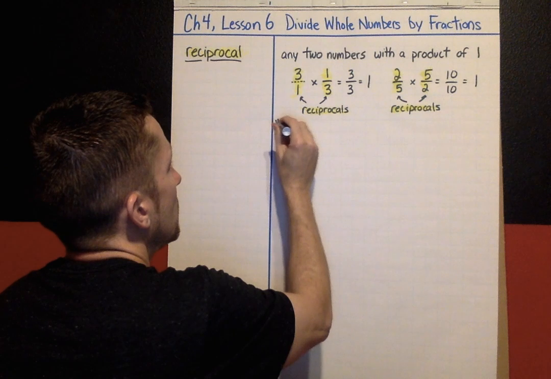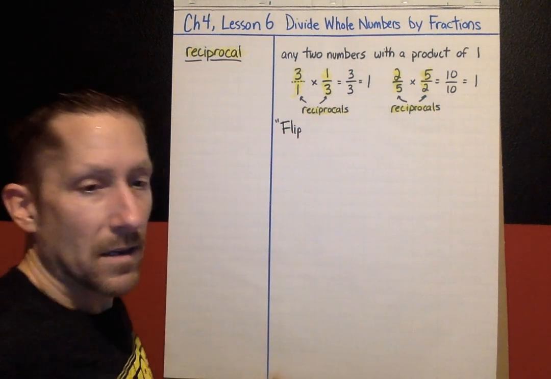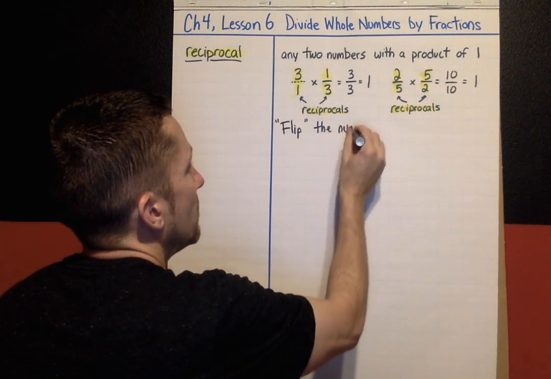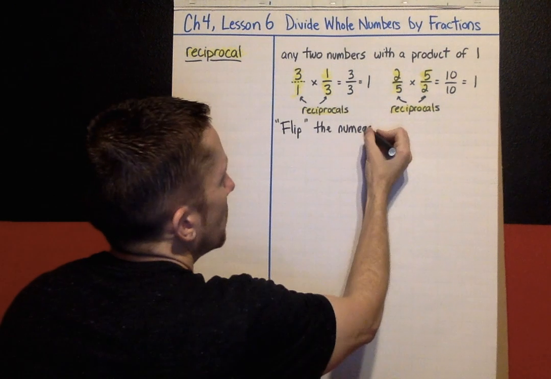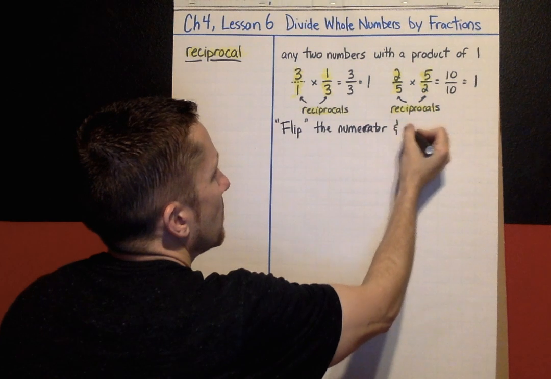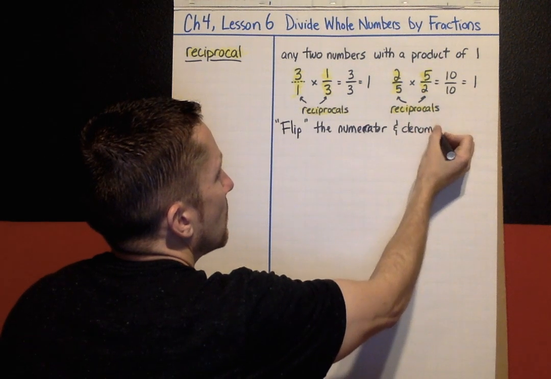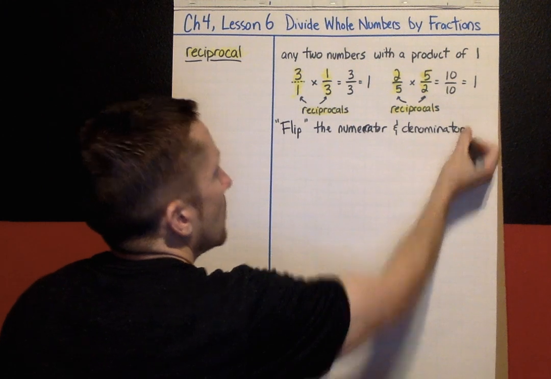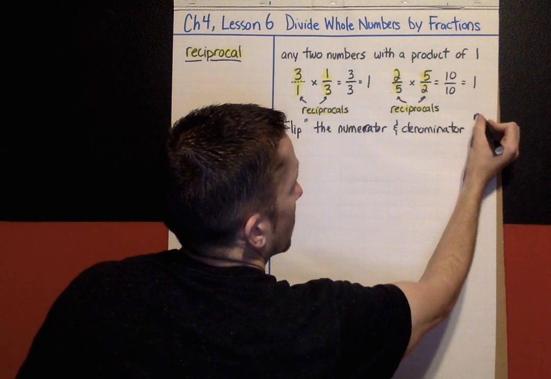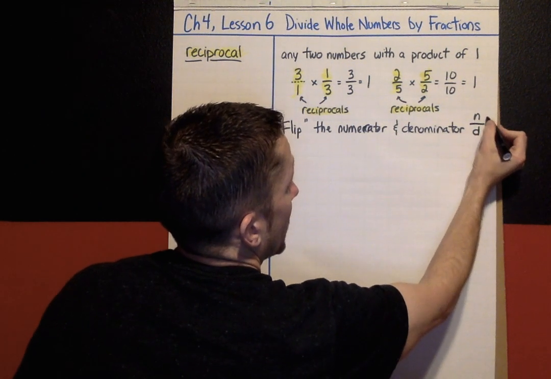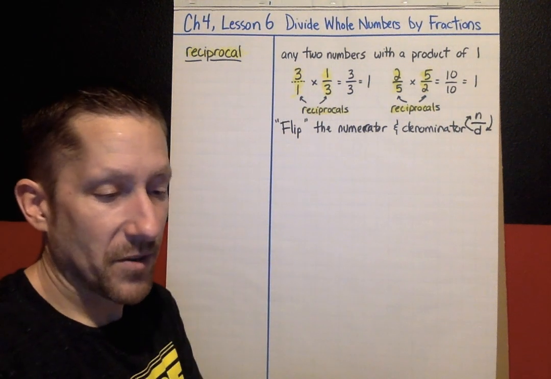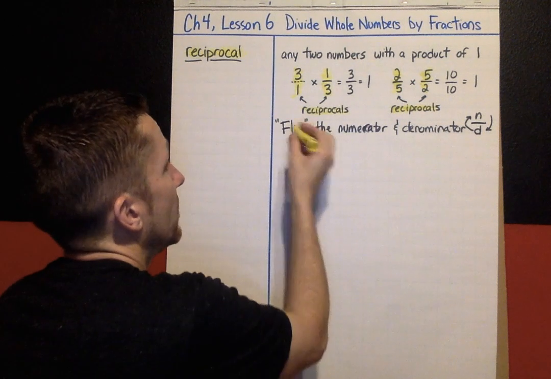Flip the numerator and the denominator to make a reciprocal. So N for numerator, D for denominator, these switch places. That is how you find a number's reciprocal.